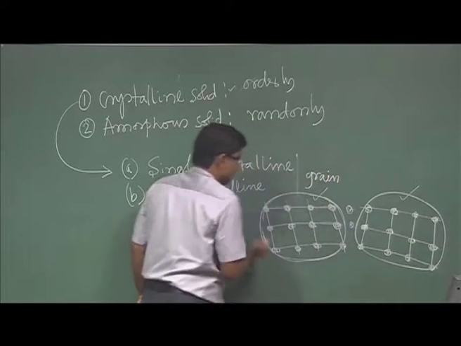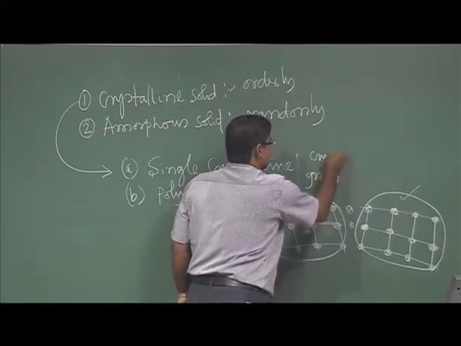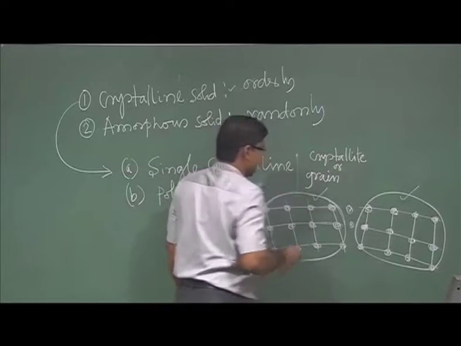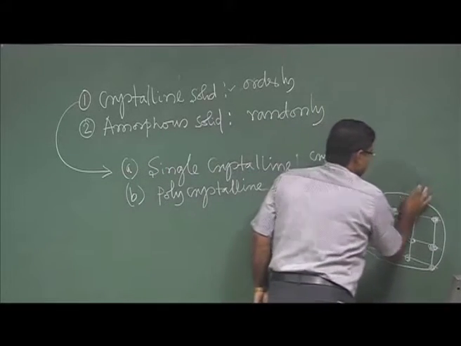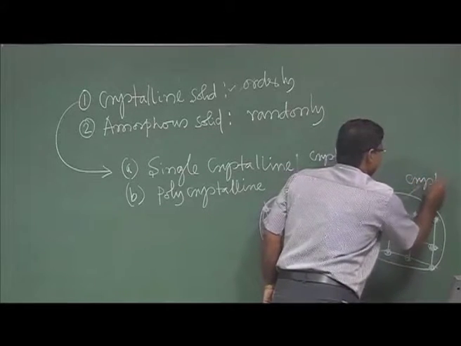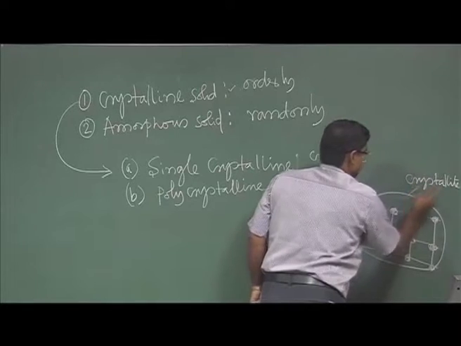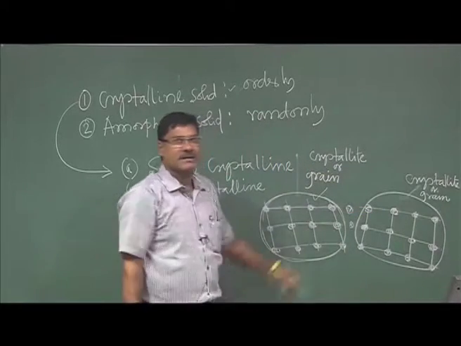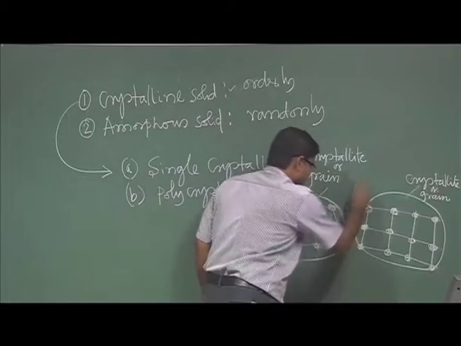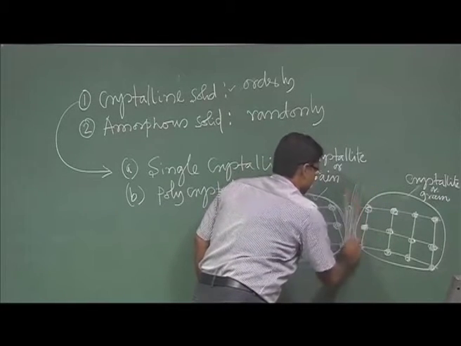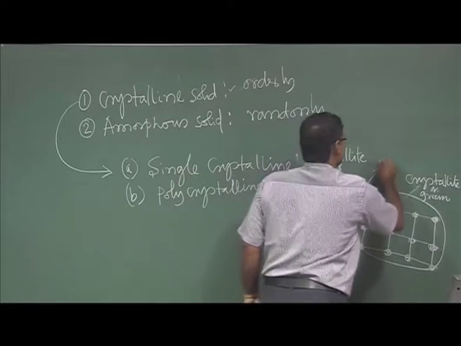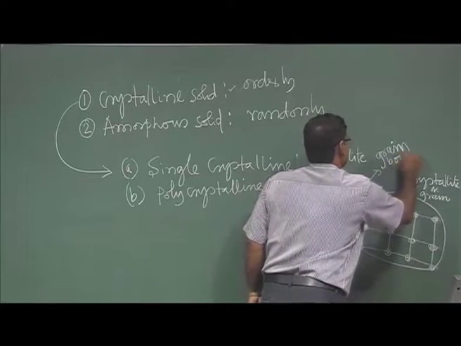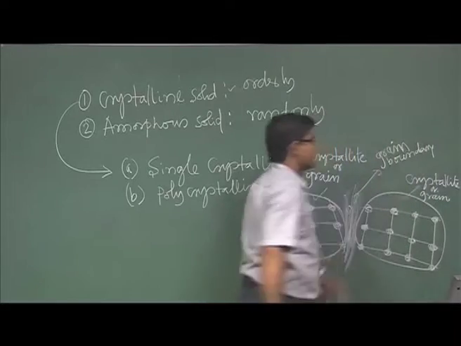or crystallite, this also crystallite or grain, and between these two grains there is a boundary, so this is called grain boundary.